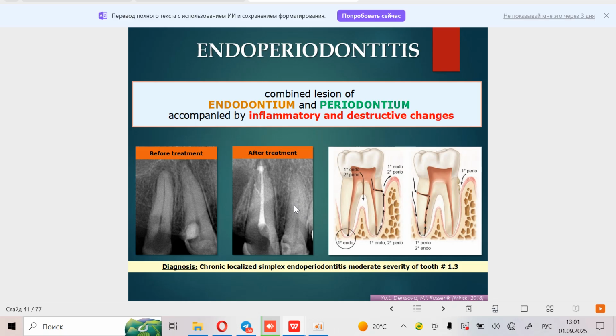You see this case before and after treatment. The diagnosis is chronic, localized, simple endoperiodontitis, moderate severity, of tooth 1.3. Treatment includes endodontic treatment and periodontal treatment, of course.